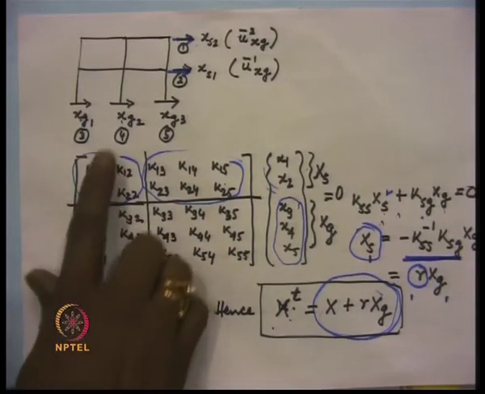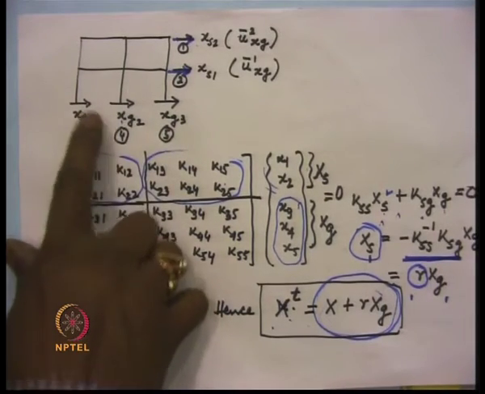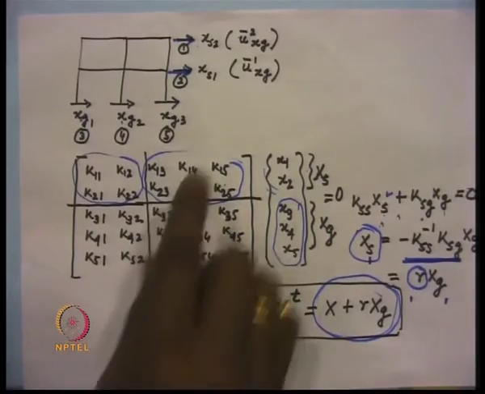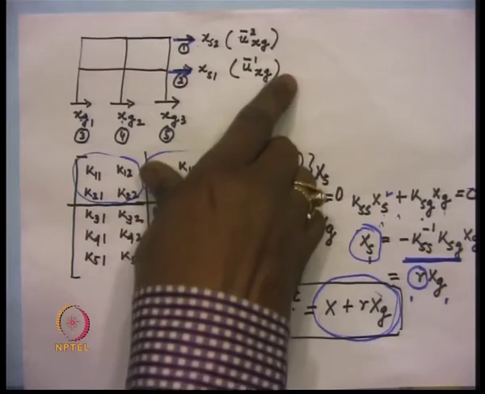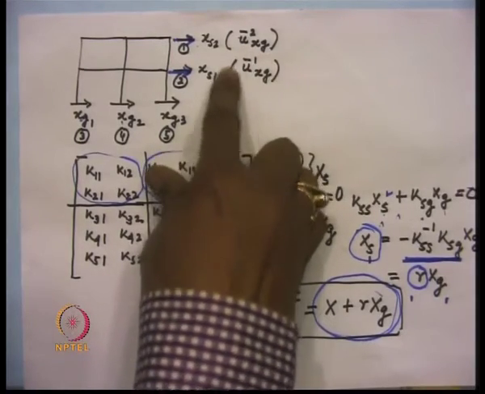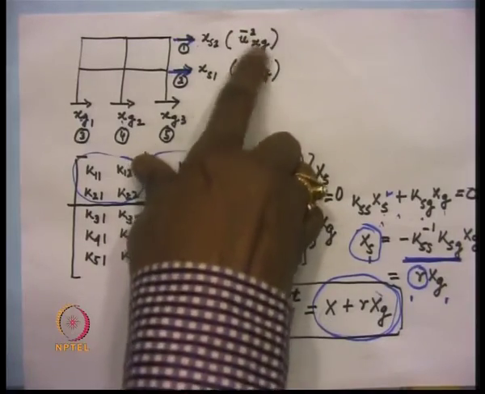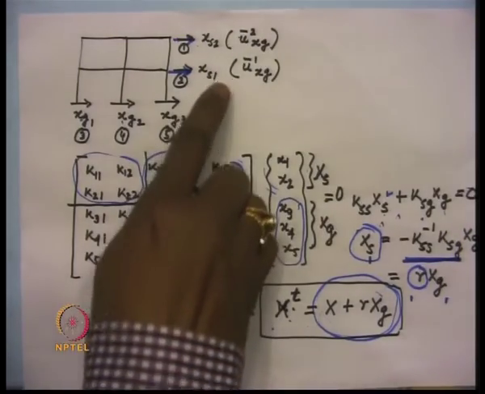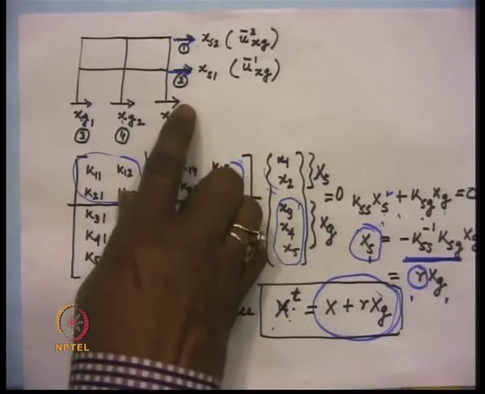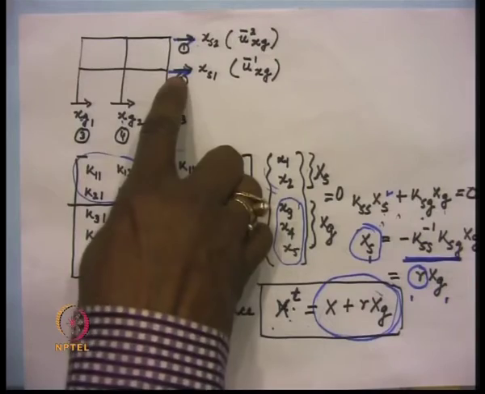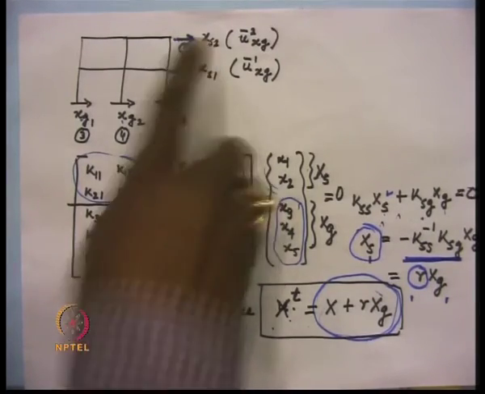Say at any instant of time t, xg1, xg2 and xg3 are the 3 displacements, and because of these 3 displacements, the displacement which is caused over here is equal to u bar 1 xg, and here it is u bar 2 xg, and that we are calling Sx1 and Sx2, that is the non-support degrees of freedom, that is the structural displacement 1 and structural displacement 2.